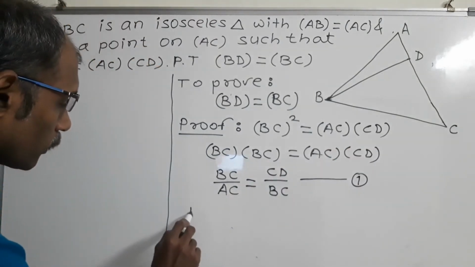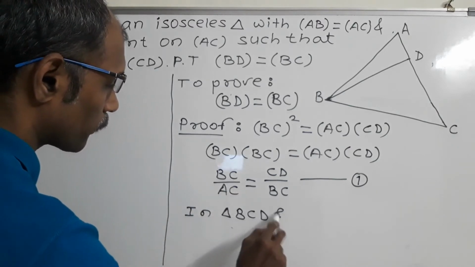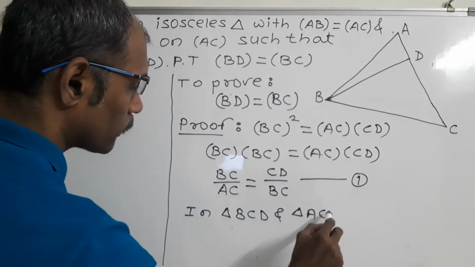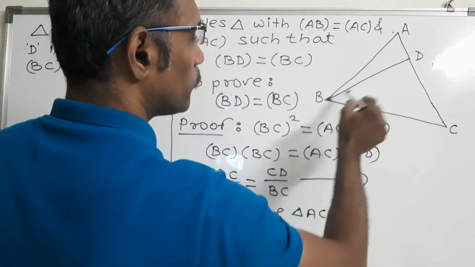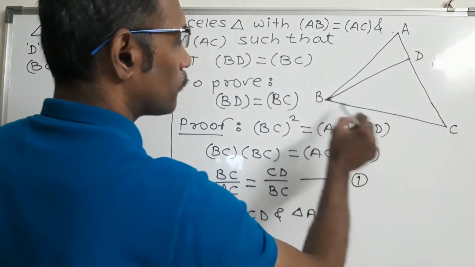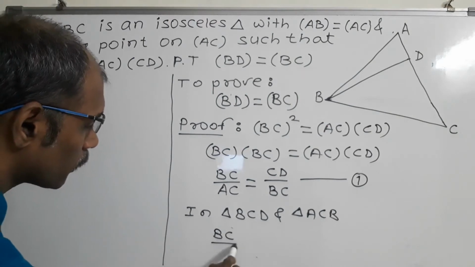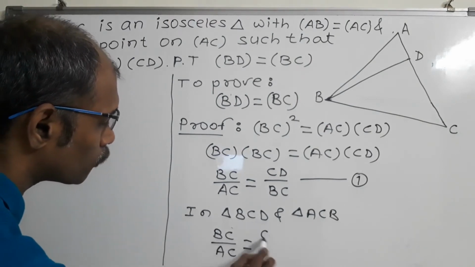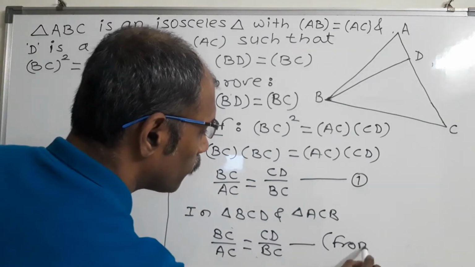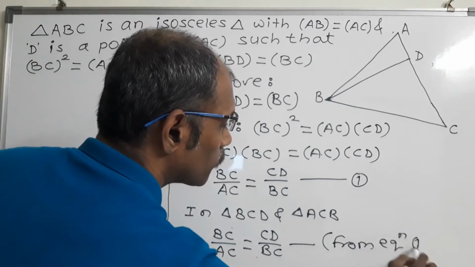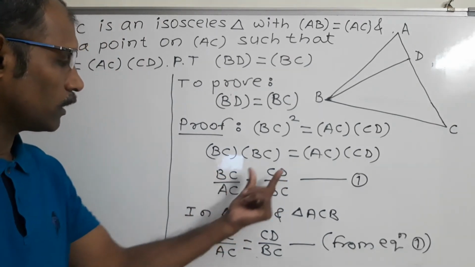Now in triangle BCD and triangle ACB, in these two triangles we write this first: BC upon AC is equal to CD upon BC.